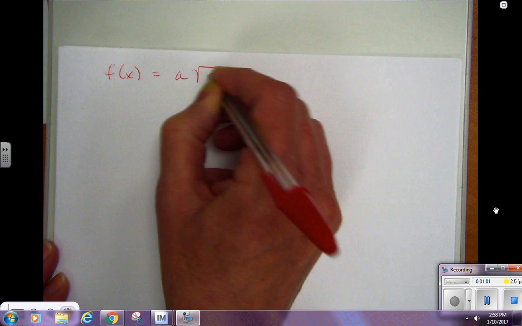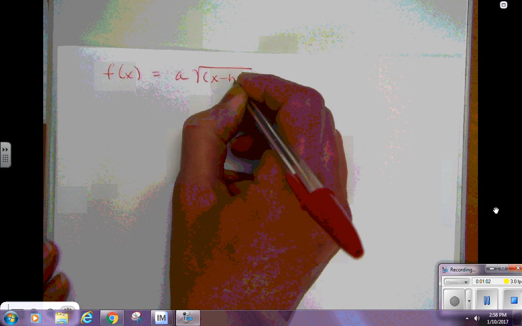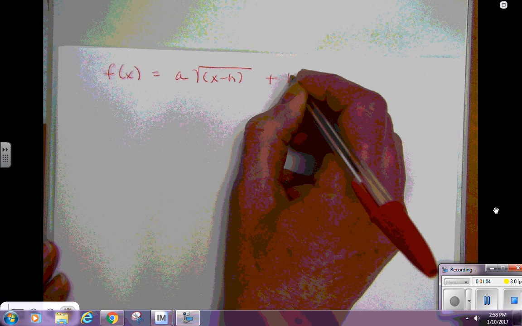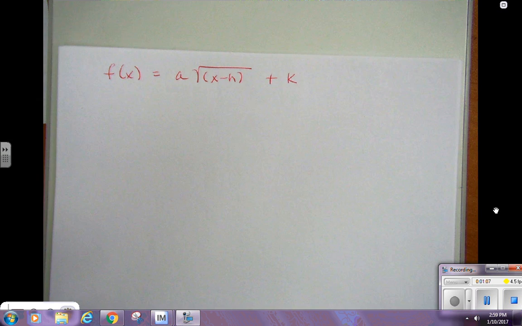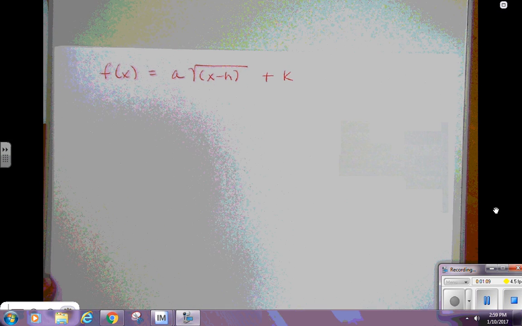But first, let's look at the standard form of a square root function. It looks really similar to other graphs that we've worked with over the year.